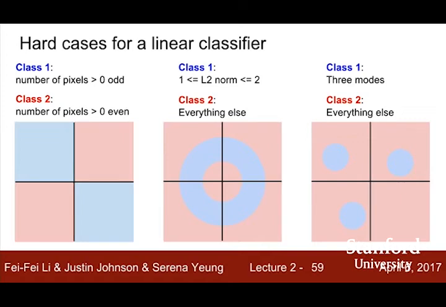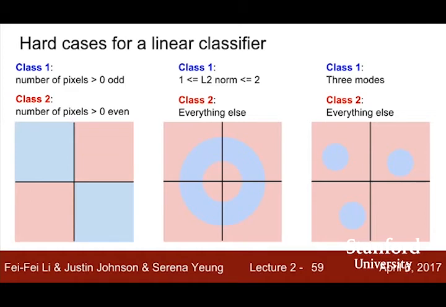If you draw what these different decision regions look like in the plane, you can see that our blue class with an odd number of pixels is going to be these two quadrants in the plane, and even will be the opposite two quadrants. So there's no way that we can draw a single linear line to separate the blue from the red. This would be an example where a linear classifier would really struggle.